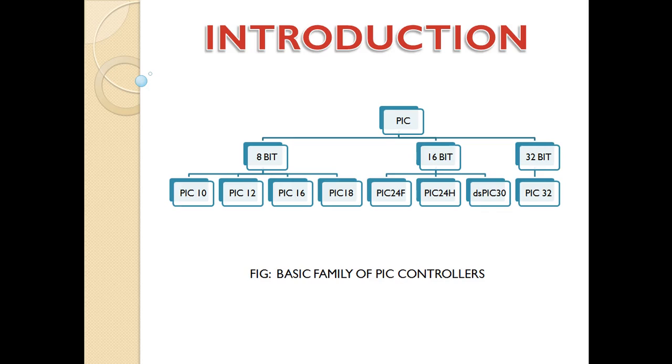We are dealing with the PIC18F, which has the highest functionality under the 8-bit category. Similarly, PIC24F, 24H and DS-PIC30 come under the 16-bit category and PIC32 comes under the 32-bit category. 64-bit controllers have also been developed in the era, but not much implemented yet, except for some Windows Phone 64-bit processor by ARM chips.